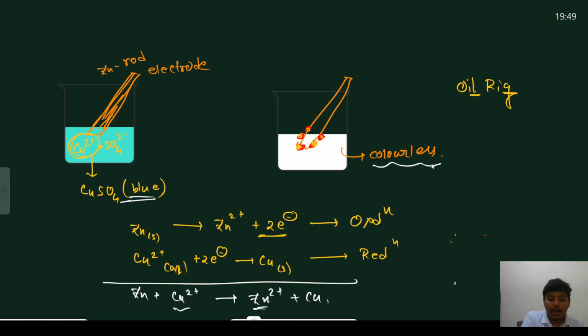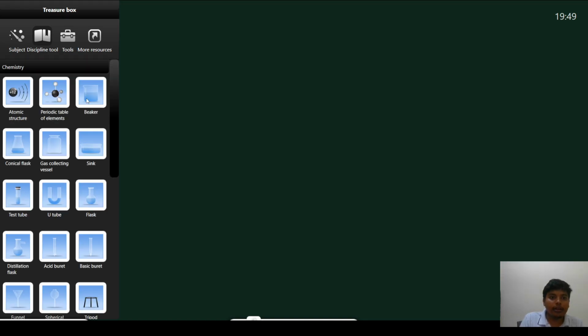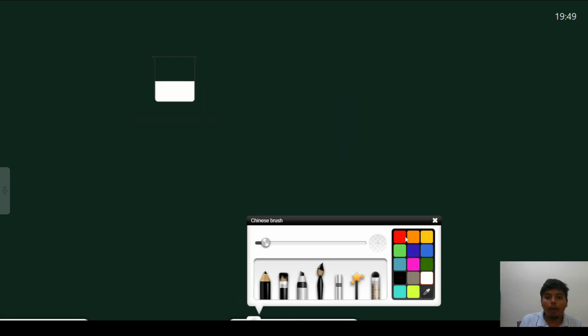Now the problem is, sir, this is okay, but when I do the reversal, like I am taking zinc sulfate, which is colorless, and I am adding a copper rod here.